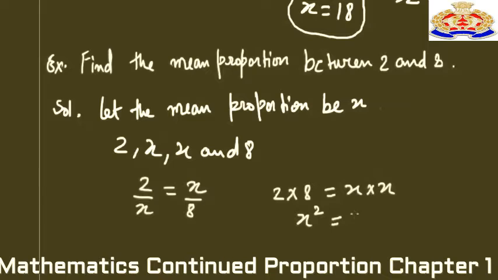Then x square is equal to 16, or we can say that x is equal to 4. Here we will think of a number which when multiplied by itself we get 16. So we get 4 into 4. Since we are multiplying x into x, so we are having 4 into 4. So the value of x will be 4. So the mean proportion between 2 and 8 is 4.